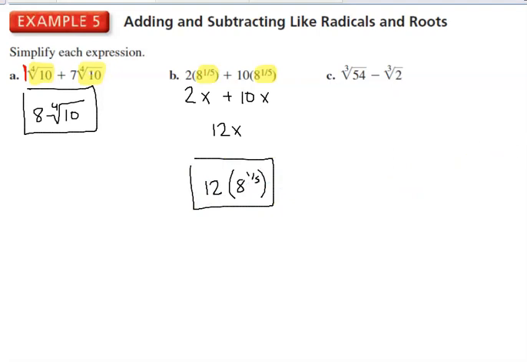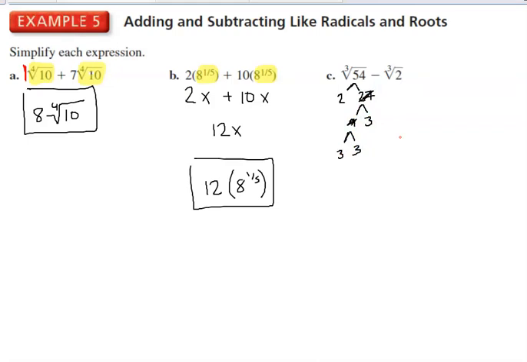In C, unfortunately, we have 2 different radicals. 54 and 2 are different numbers. The index is the same, which is nice, but underneath is different. So what I'm going to do is factor the 54 and see if we can simplify it to be similar to the radical that we have next to it. When I factor, I get 2 times 27. I'm looking for a group of 3. 9 times 3, and then 9 is 3 times 3.